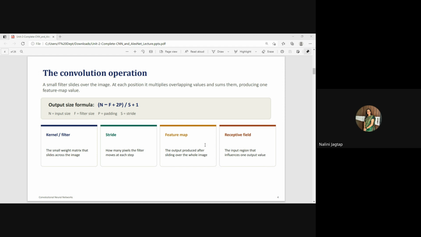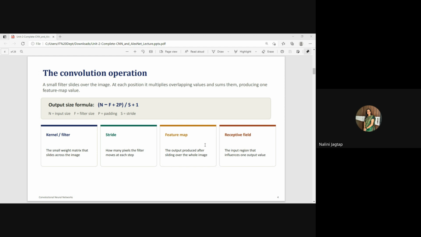Now, let's define the four terms we'll keep hearing. The kernel or the filter is a small weight matrix that slides across the image. The stride is how many pixels it moves at each step. The feature map is the complete output produced after sliding over the whole image.